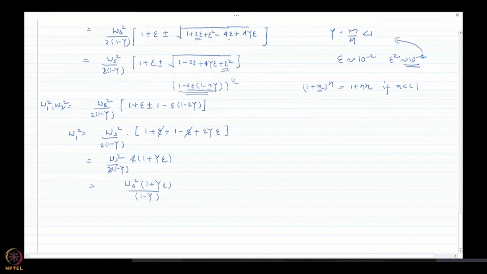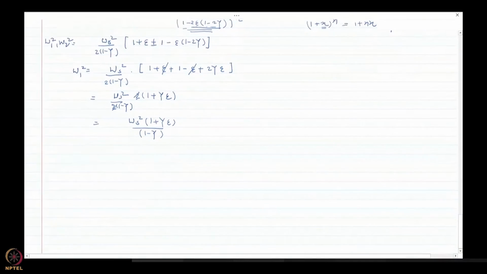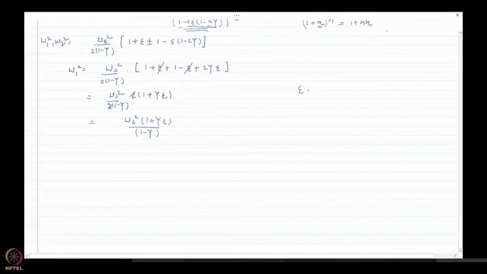Okay. Now for this one, I said that zeta is of the order of 10 to the power minus 2. Gamma is less than 1 but not negligible, not very small. Okay, so can I say the gamma zeta term can be neglected with respect to 1? However, the denominator term gamma cannot be neglected with respect to 1, but gamma times epsilon can be.